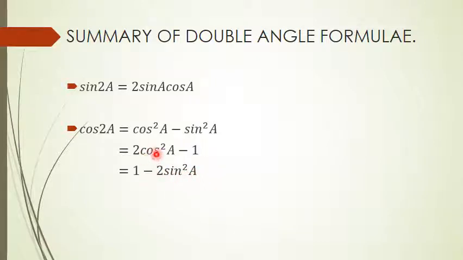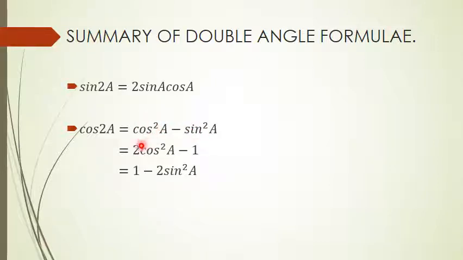Now this means that when dealing with cos 2a, you have three options to choose from. Your choice will depend on what you want to achieve. If the result you want to achieve is a mixture of cosine and sine, it is advisable to try cos squared a minus sine squared a, because it is the one which has both cosine and sine.